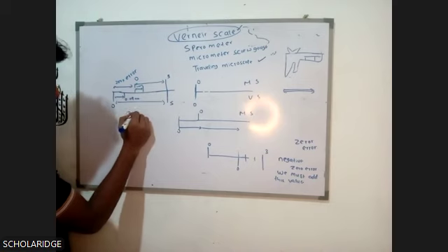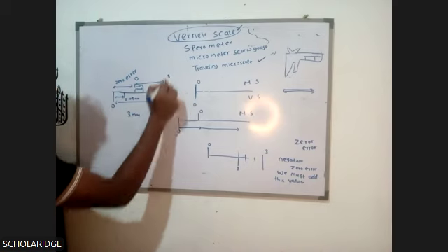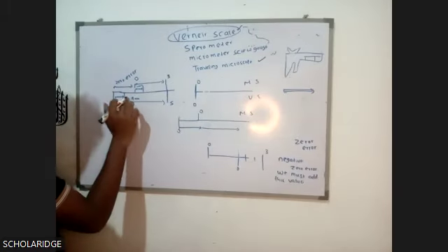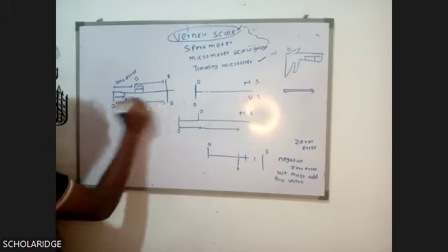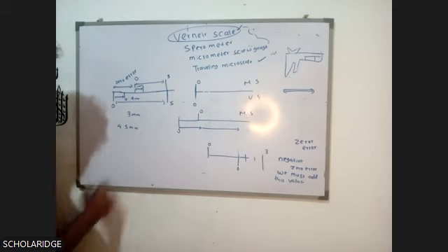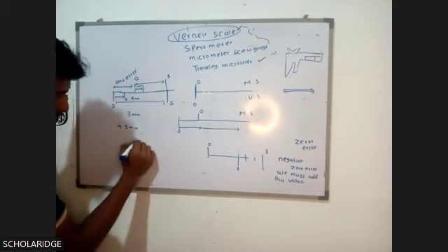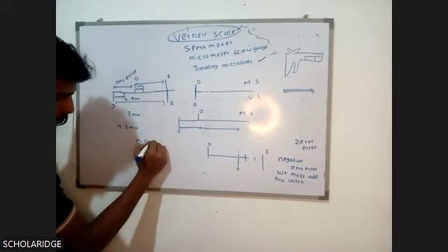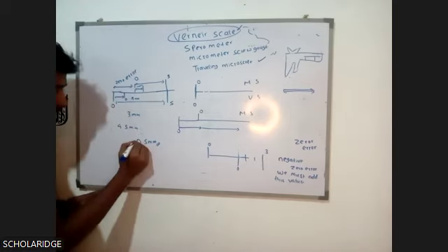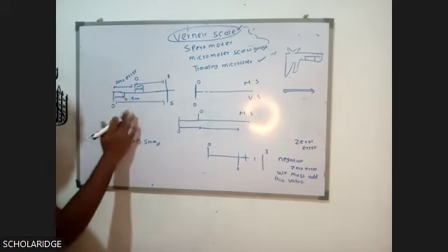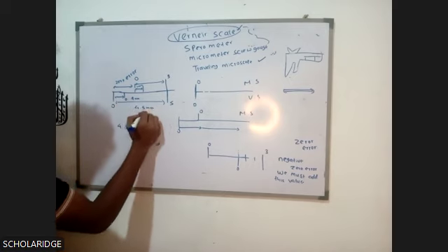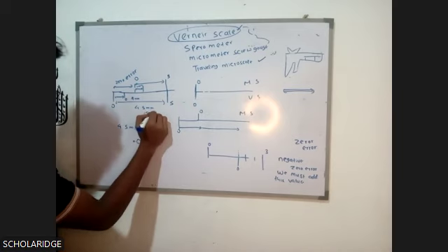3 millimeter will be this length. Let's take it as 0.9. So this length is going to be 4.5 millimeters. So the difference is going to be 0.5 millimeter. And this will be my zero error. So see here, this length is 4.5 millimeters. I obtain it by 5 into 0.9.